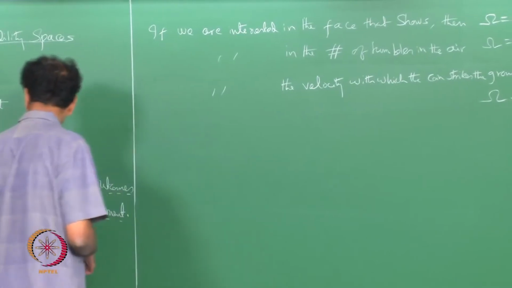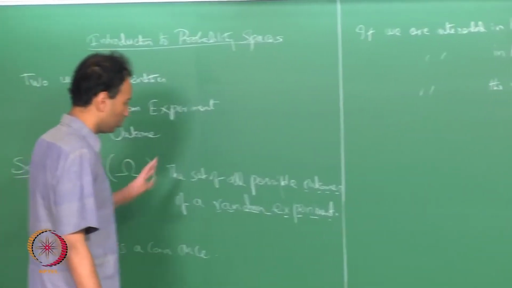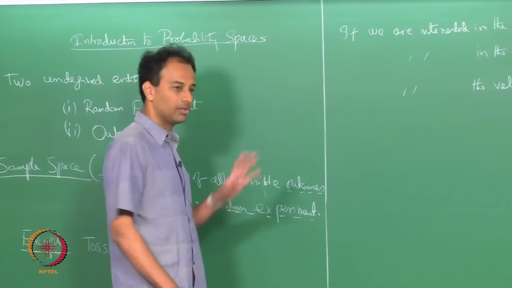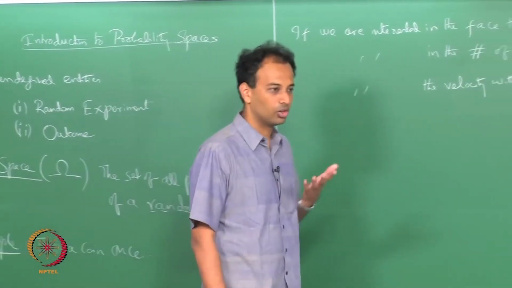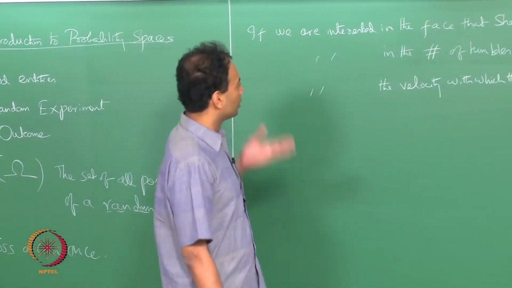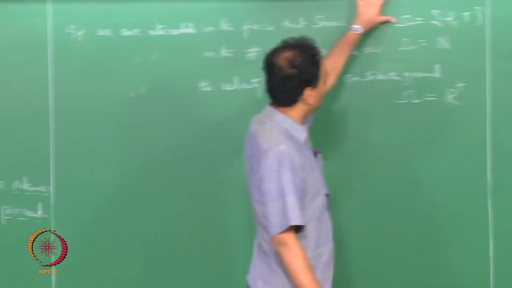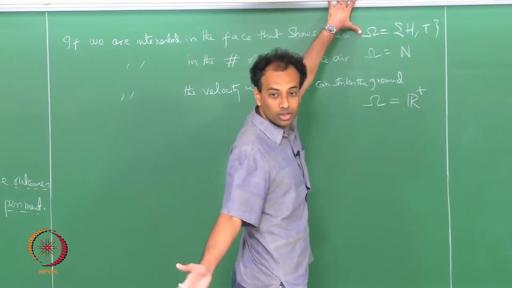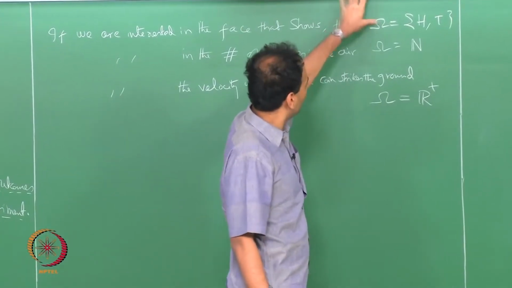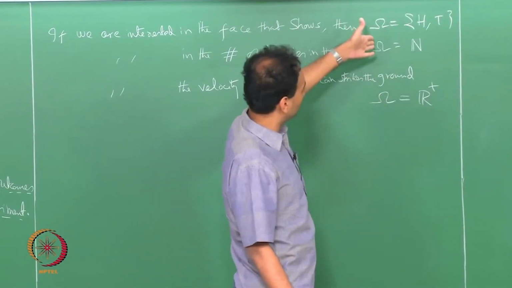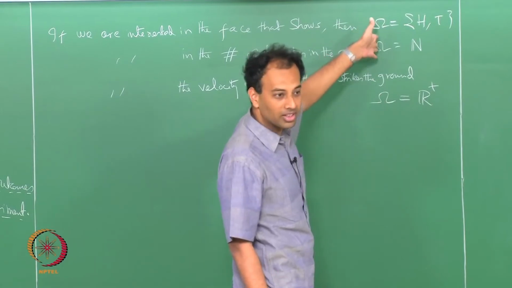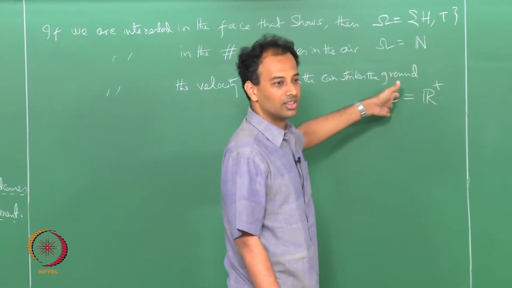So the sample space capital omega depends not only on the random experiment, but on what you are interested in measuring or knowing. As we have seen, the set of all possible outcomes could be finite or infinite. Here it is countably infinite, here it is uncountably infinite.